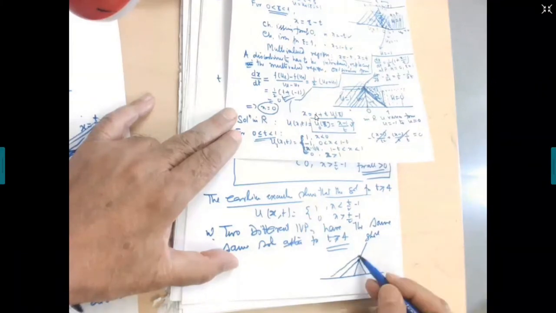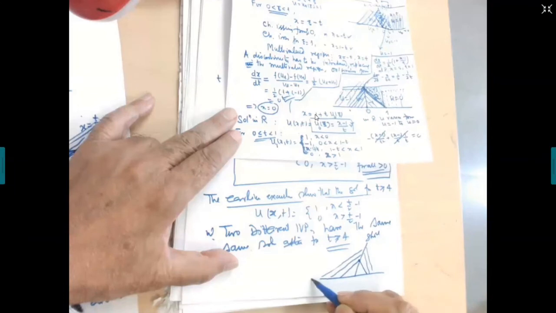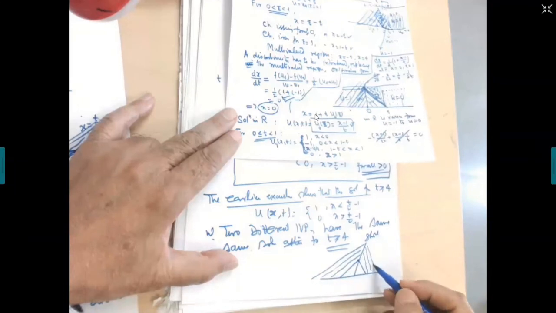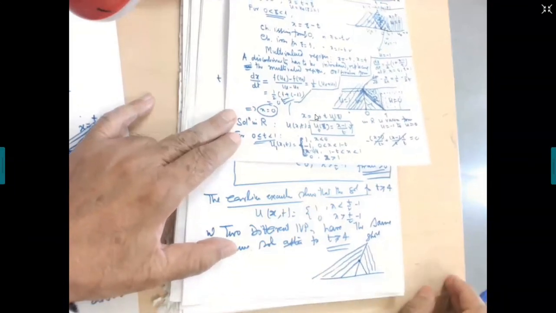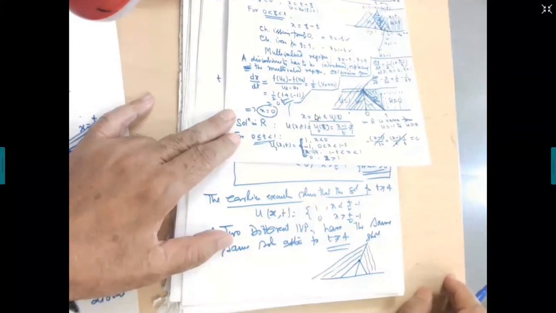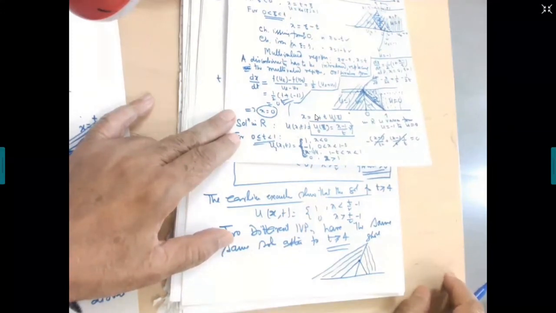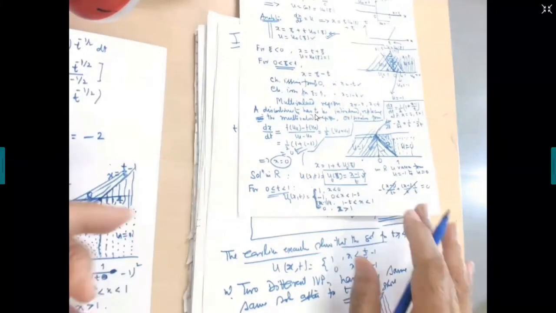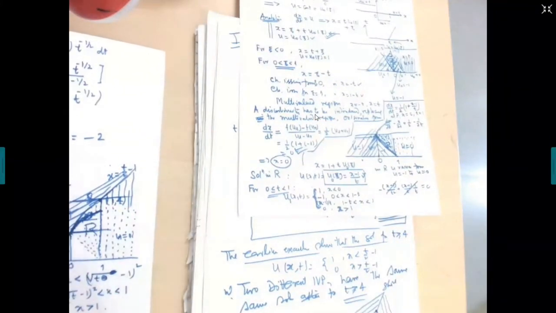So the initial data is completely absorbed. This is a non-linear feature which is never exhibited in a semi-linear or linear equation. Is it clear to you?